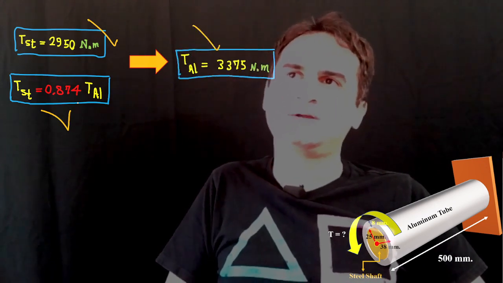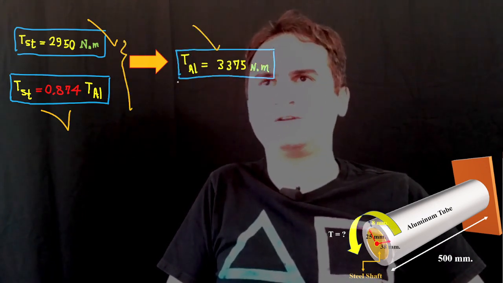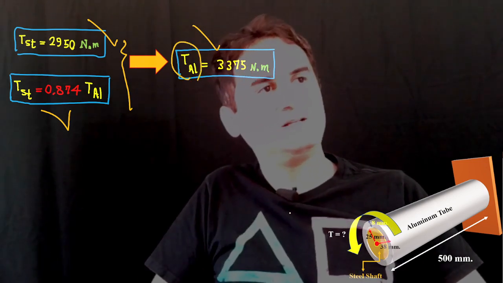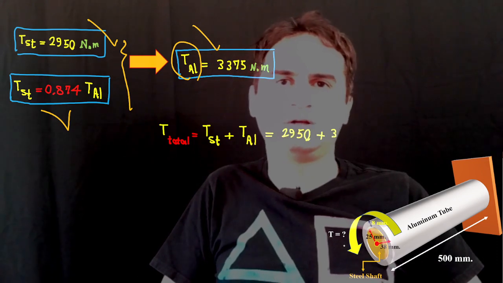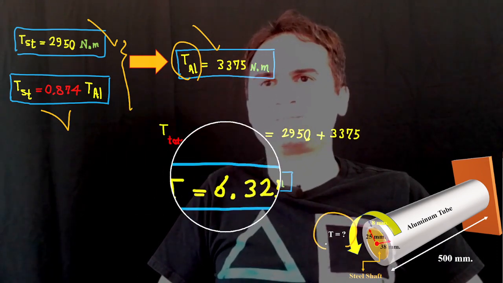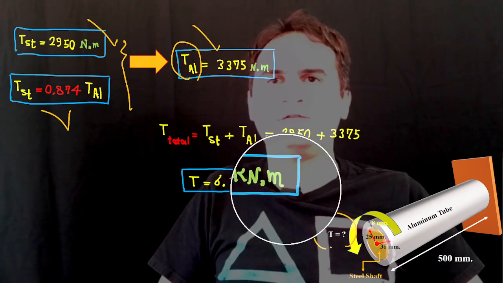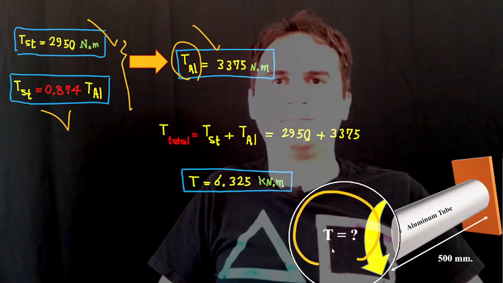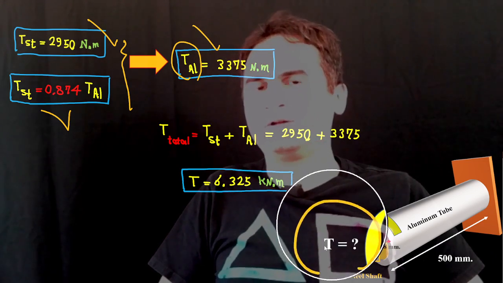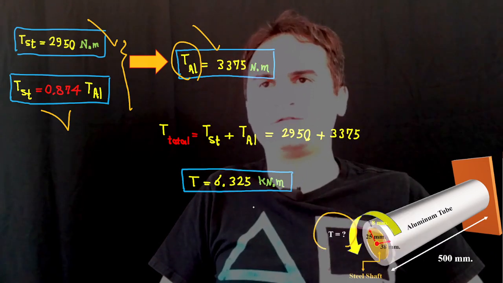Based on these two equations, we can calculate the share of aluminum from the torsion. And if we add the two shares, we get the total T, which is 6.305 kilonewton meters, the maximum applied torsional torque at the free end of this shaft.